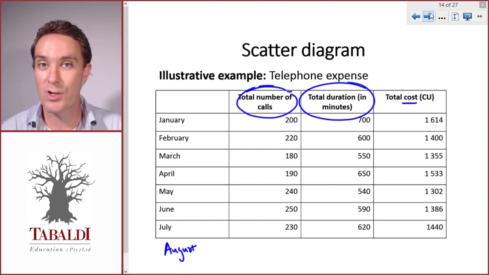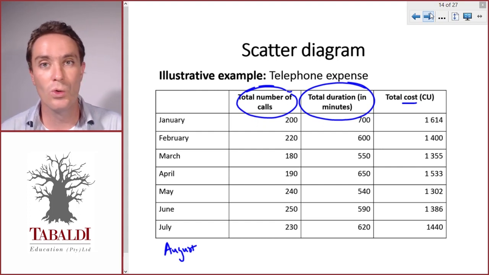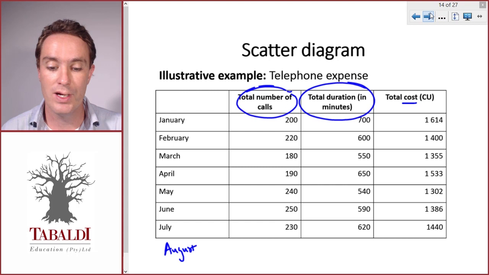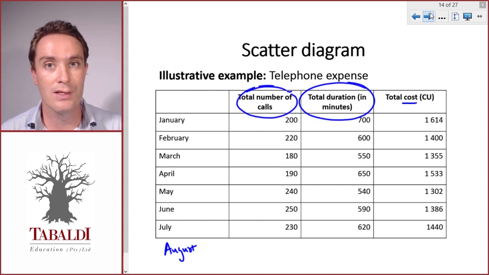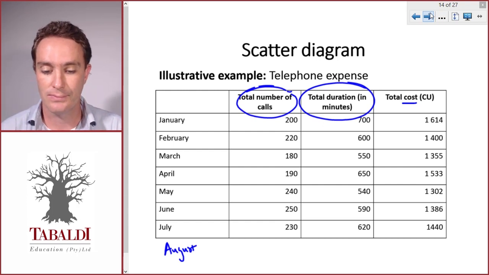Is it the total number of calls or the total duration in minutes? Now we can all agree that both would cause the total cost to increase. If we make more calls per month, the cost would increase, but also if we spend more time on the phone in minutes, we'll increase the cost. But which one do we use to estimate the future telephone expense?